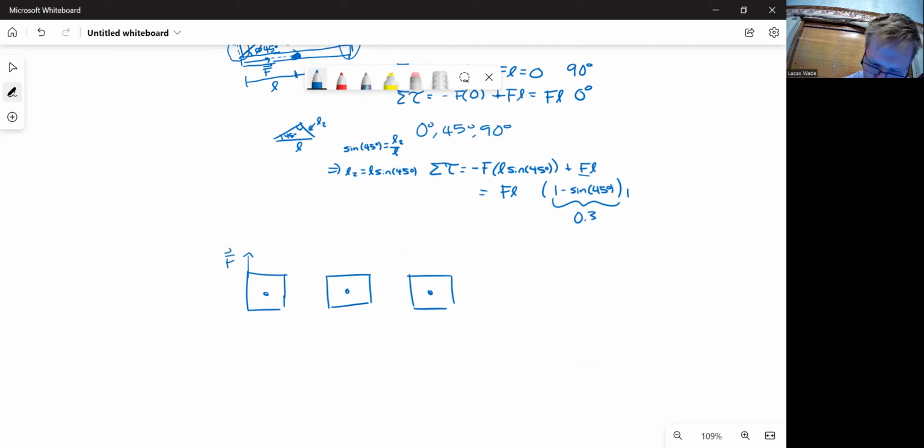This force F, and then 2F, 2F, and 2F, and F.